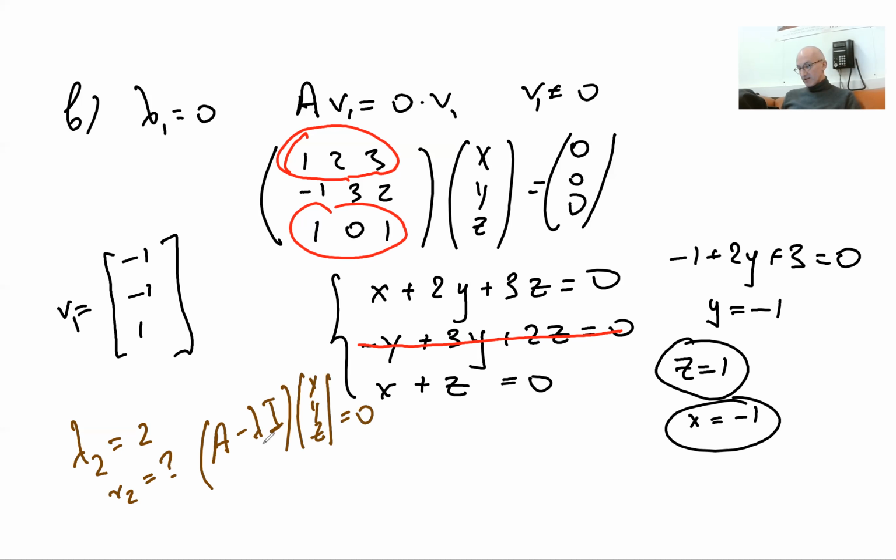Yeah. Basically, I need to find the kernel of this matrix here. So when you substitute 2 here, you get the matrix -1, 2, 3, -1, 1, 2, 1, 0, -1.